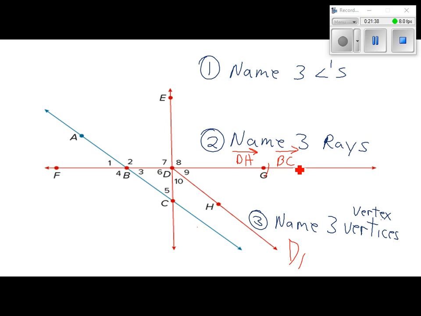Now notice, I'm not even looking at the picture. If Brandon picked 2 letters on the picture, is there some ray that goes through those 2 letters? Yeah, it doesn't even matter. So could he have picked A and E? Is there some ray that goes from A through E? Yeah, it might not be shown on the picture, but it's there. Wait, how is there a ray between those 2?